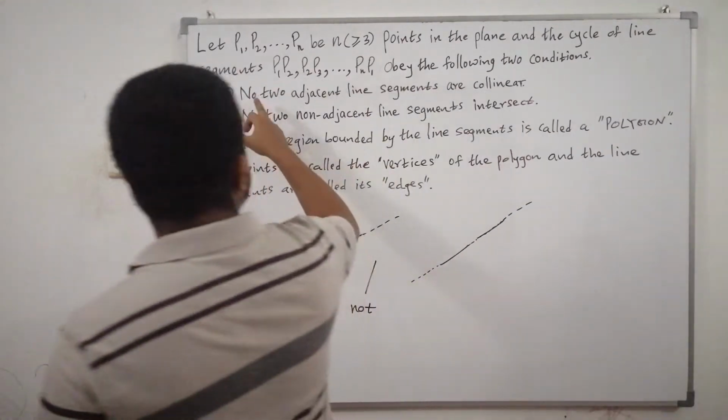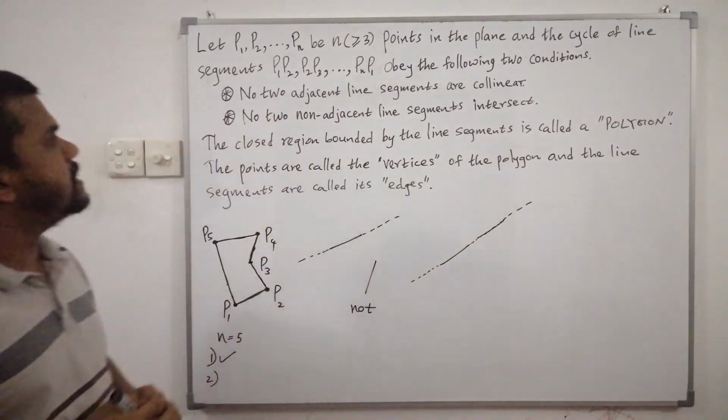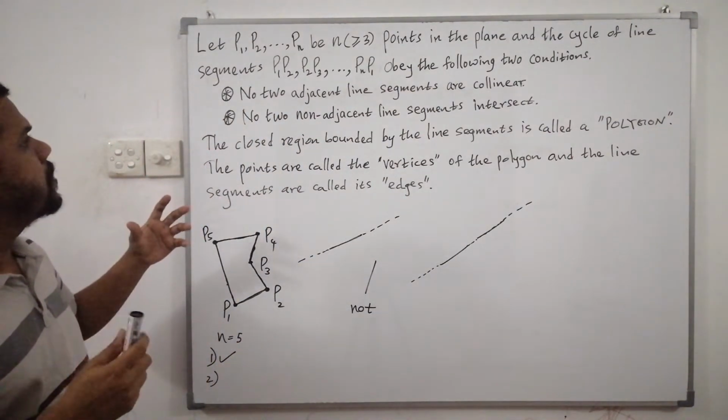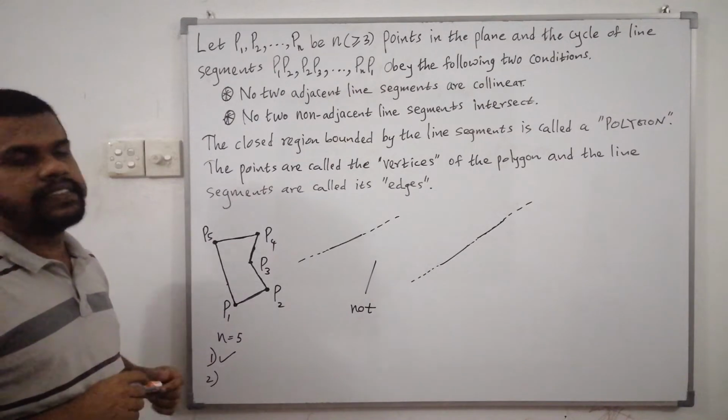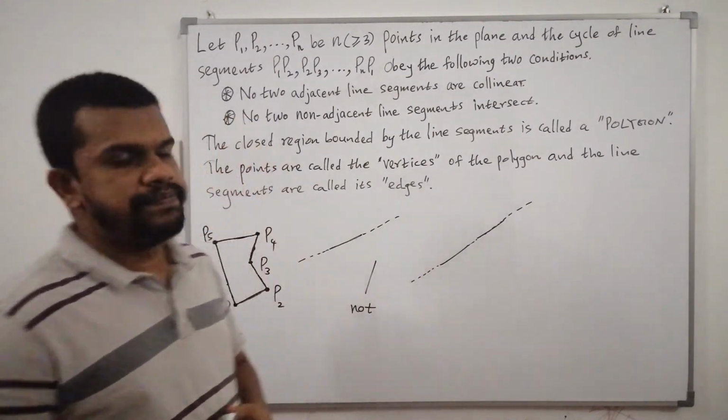And also, the first condition says if you consider any pair of adjacent line segments, they must not be collinear.